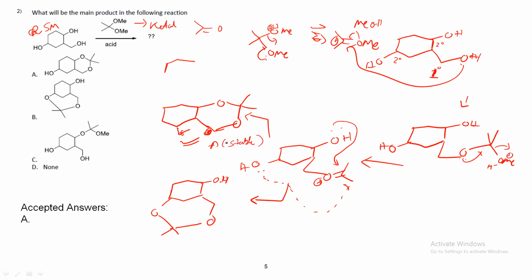So basically we can easily drive the system toward this particular product over this, and we can eliminate this one. So this is what we are generating, so this should be one of the answers. And here you can see this is one of the intermediates we have generated. This cannot be stable in presence of acid. The second attack would be easily preferred, so we cannot isolate it in this form. So the right answer would be A.